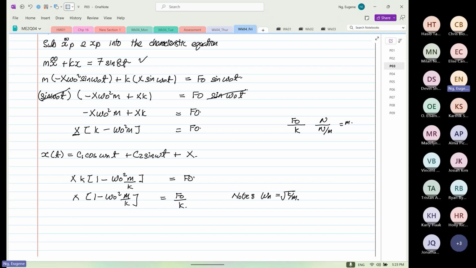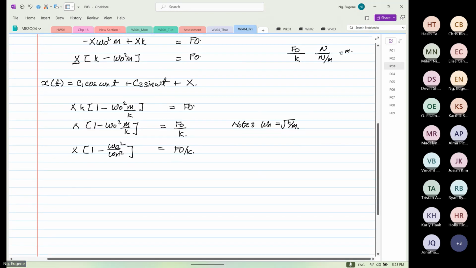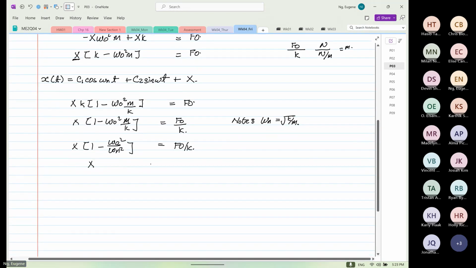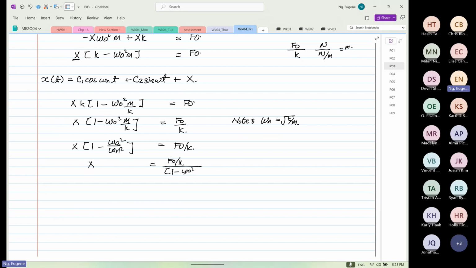So for this case, x bracket 1 minus omega naught squared over omega n squared bracket, this is equal to F naught over k. So x is equal to F naught over k divided by 1 minus omega naught squared over omega n squared. Yes.